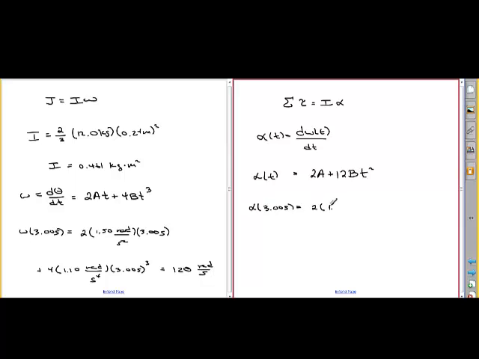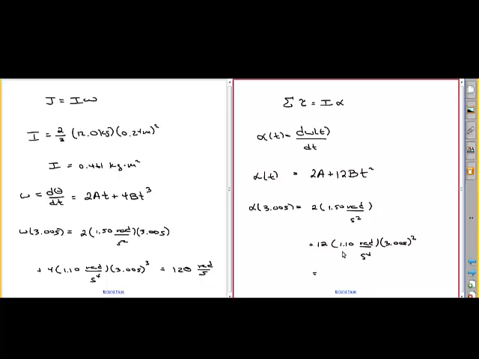We get 2 times 1.50 radians per second squared, and then 12 times b, which is 1.10 radians per second to the fourth, times 3.00 seconds squared.